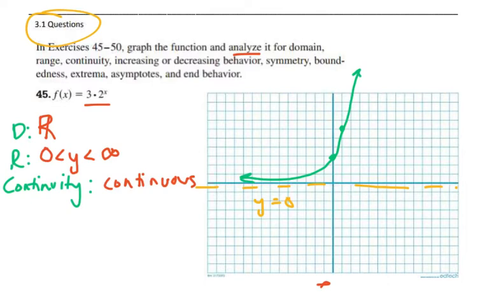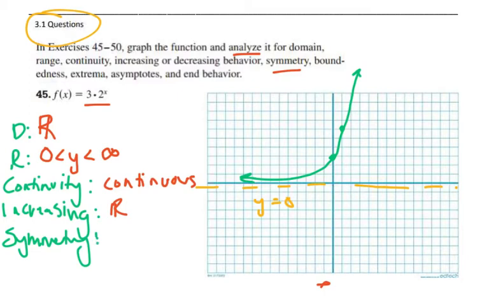Then where is it increasing and decreasing? It turns out it's increasing always. So no matter where you are, the next point next to it is going to be in an increasing way. Then we have symmetry, and so symmetry would mean if it's odd or even, and this one is none, so it is not symmetric anywhere.